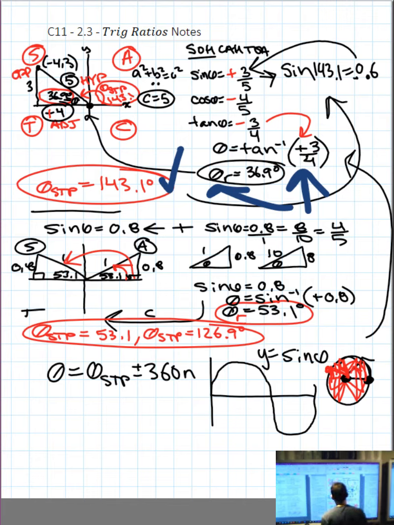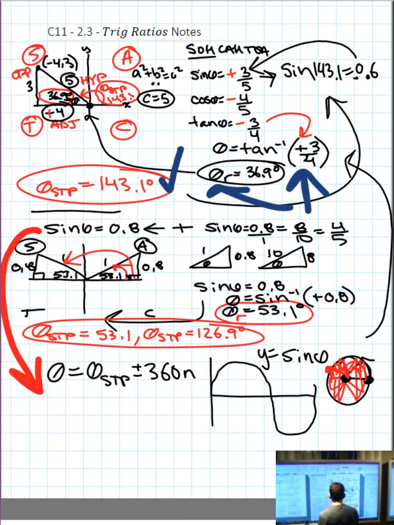And for example, in the question that we've been working on, where is sine theta equal to 0.8? Well, we know in the graph in the bottom right-hand corner, sine goes up to 1 and down to -1. And 0.8 is right here. And it hits it twice, exactly at the two angles we got, between 0 and 360, a full rotation.